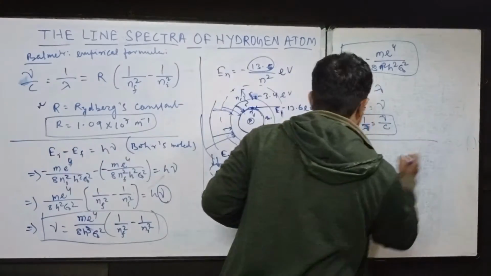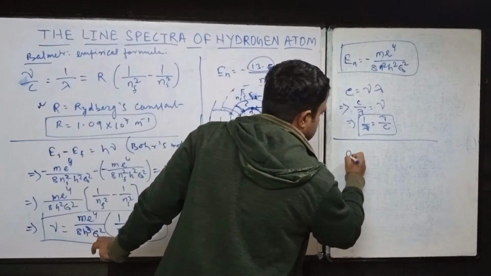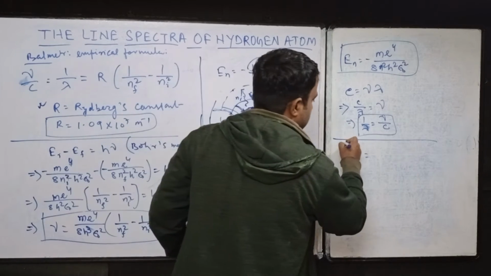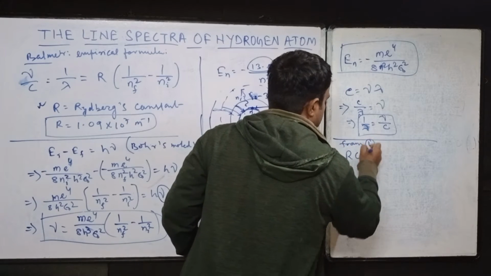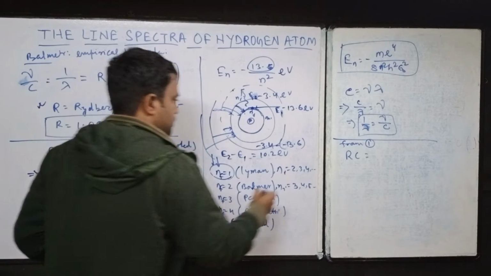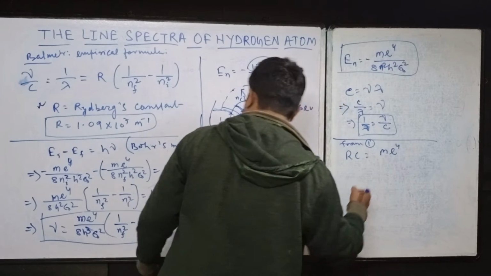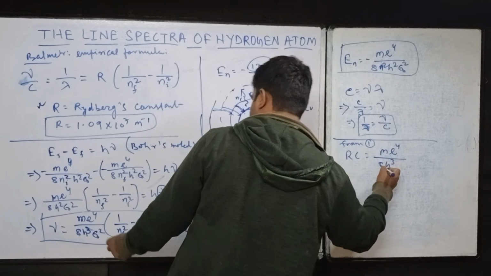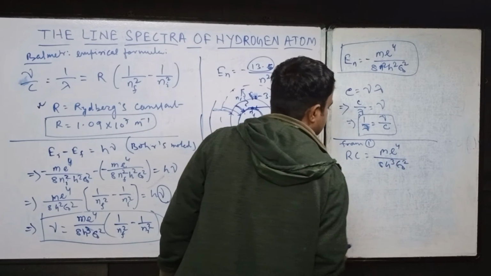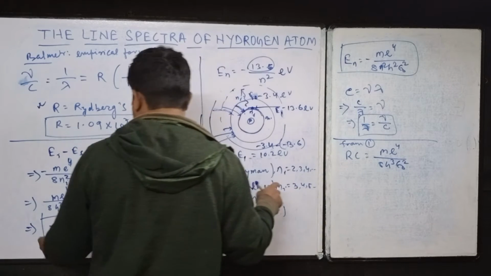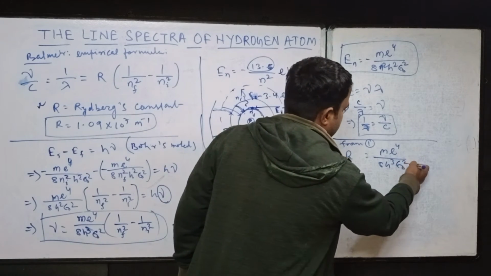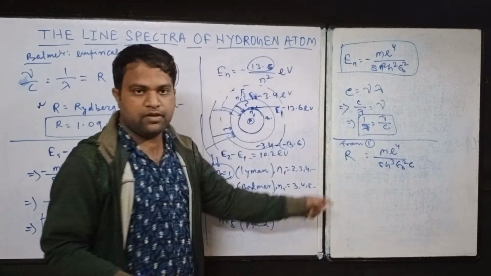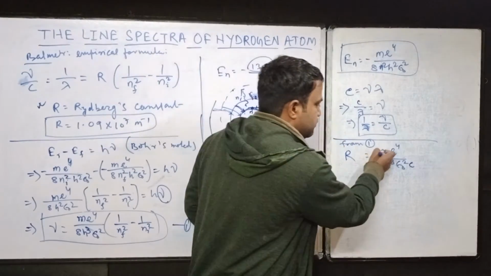So let's say this is equation 1, from 1 you can say Rc equals m e to the power 4 over 8 h cube epsilon naught square, or you can say R equals that, and you will divide by c here. Fine. So from here you can say this is your Rydberg constant.